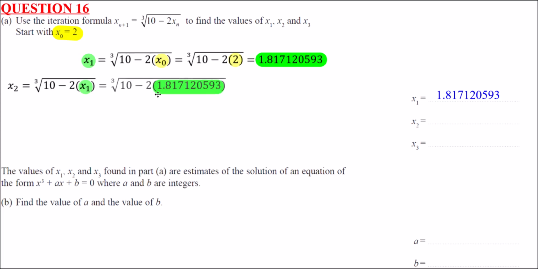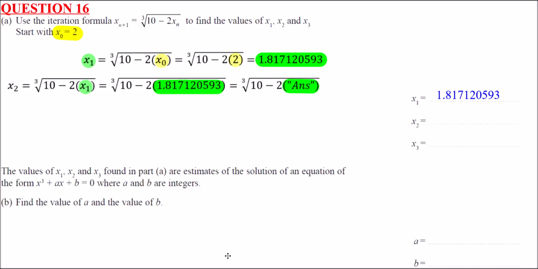So subbing in what x1 actually is, that's 10 minus 2 lots of 1.817,120,593. And if you do that on your calculator, what you should get is the same as you get if you just press 10 minus 2 times ANS. So whether you press this one or that, the ANS button is a shortcut to having to remember or typing carefully all these digits.